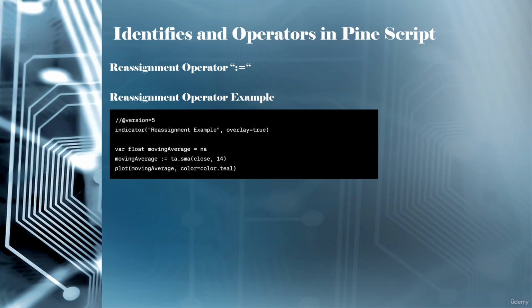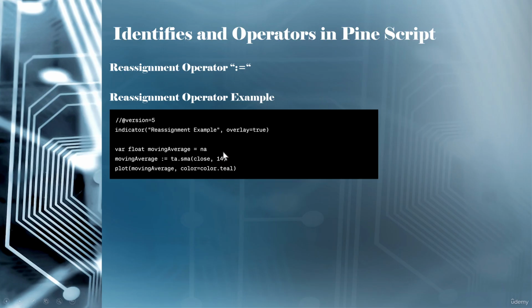So now let's review how the reassignment operator works. First, we initialize a variable with a type of float and the name moving average, and we assign it the value NA, meaning not available.